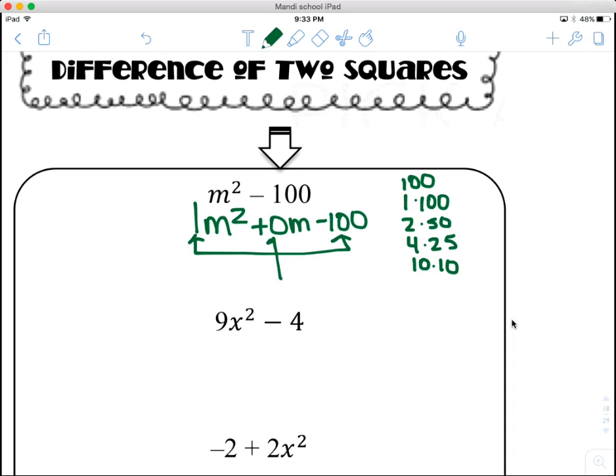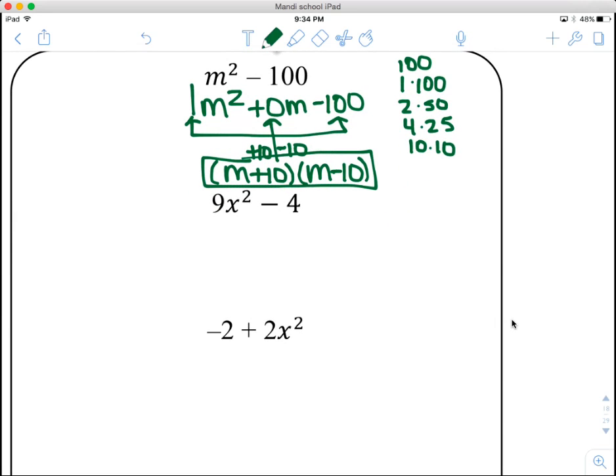We want it to equal 0. So if I took plus 10 minus 10, I should get 0. So that's m plus 10, m minus 10. Okay, so let's look at this next one.